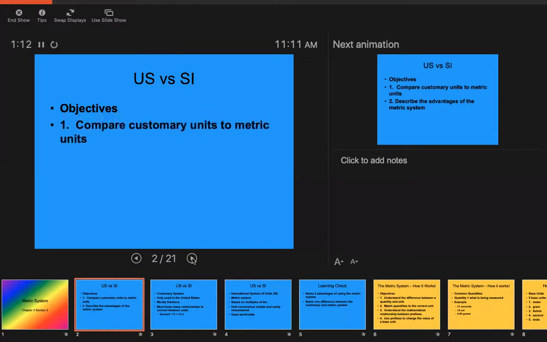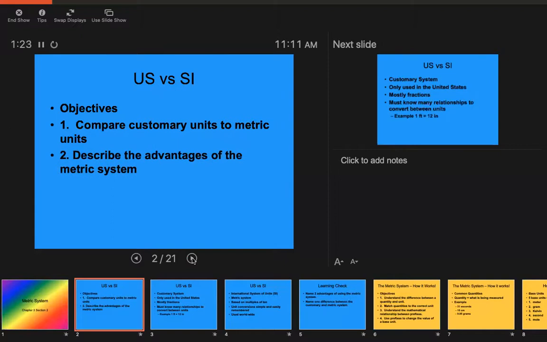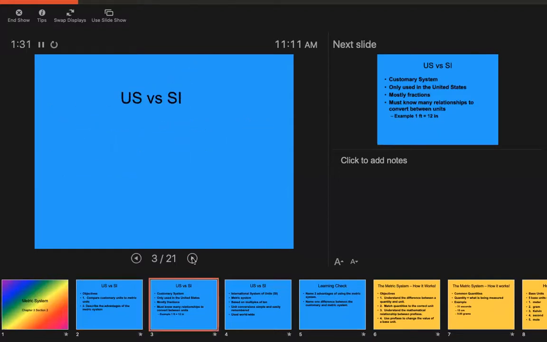What I want you to be able to do is compare our customary units that we're used to using, the feet and the pounds and the inches, to metric units. And then we want to talk about what some advantages would be to using the metric system specifically in a science classroom. So let's begin with what is the customary system?